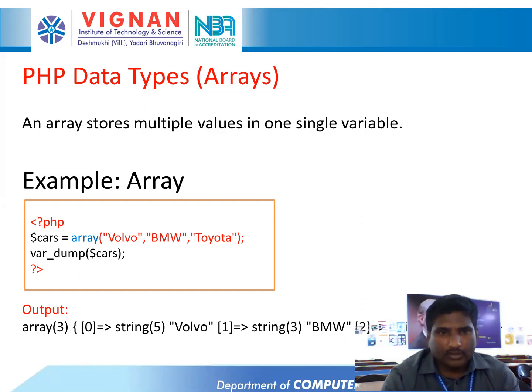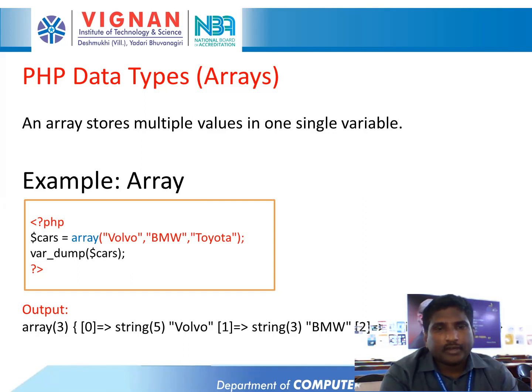Next, index 1 has the value BMW, and the length is 3. Index 2 points to the Toyota value, and the length is 6. In this way we can declare arrays like this. Later, in a later class, we can learn what types of arrays can be supported.